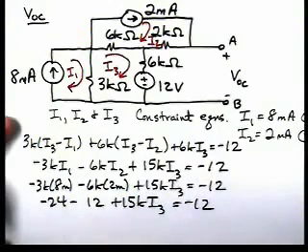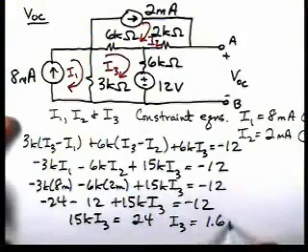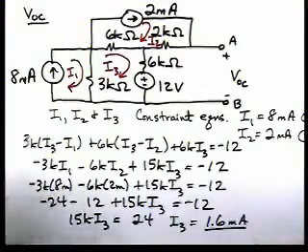That's going to give us 15K I3 equal to 24, or I3 equal to 1.6 milliamps. Now, we still need to find the open circuit voltage. This just found the mesh currents.